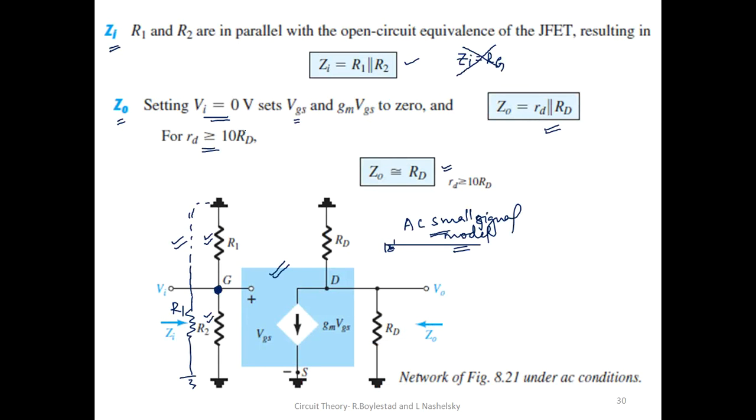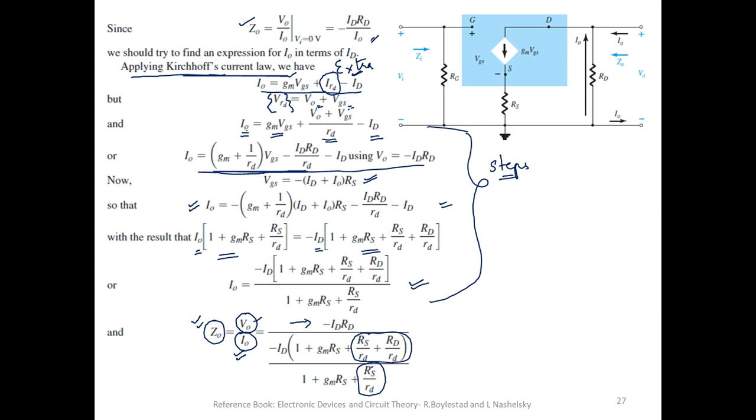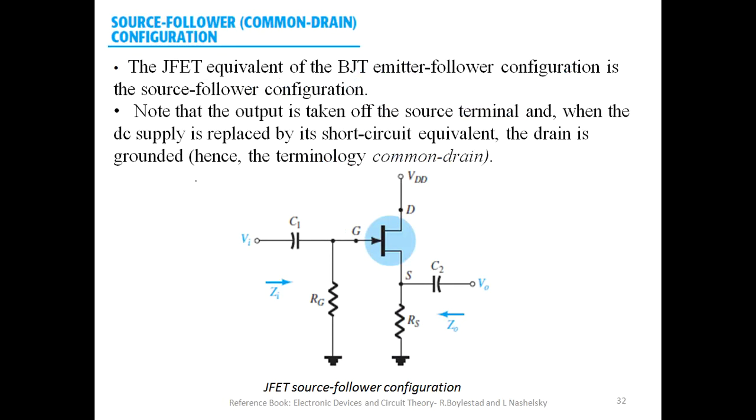Okay, fine. So I think we'll just stop here today. If there is any doubt, you can ask me, students. In the next class, we'll try to discuss one more JFET based configuration, which is again very important. It is called the source follower or common drain configuration.